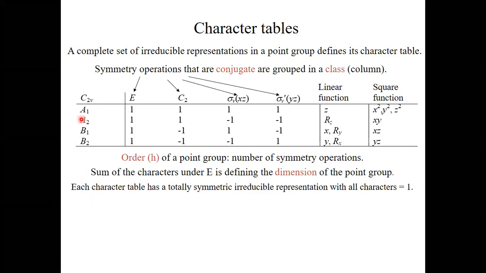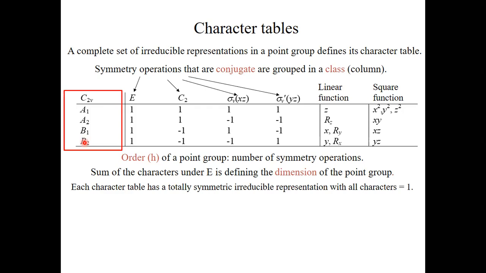So you see that there are several columns. So here in the first column, you see the point group symbol, in this case C2V. And below that, you see all the different symmetry types for the irreducible representations that this particular point group can have.